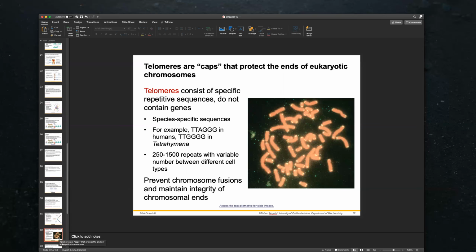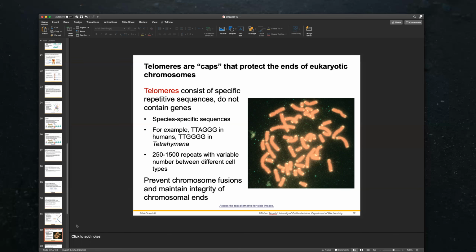All right, telomeres are the caps that protect the ends of eukaryotic chromosomes. They consist of specific repetitive sequences, not genes. They're species specific. For humans, you'll see the TTAGGG repeat, so our telomeres will just have that repeated over and over again.